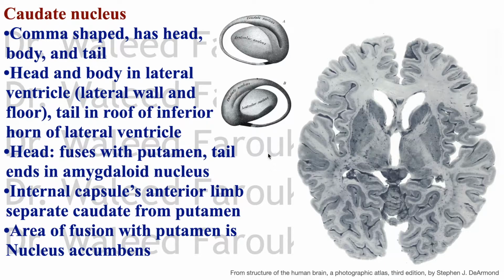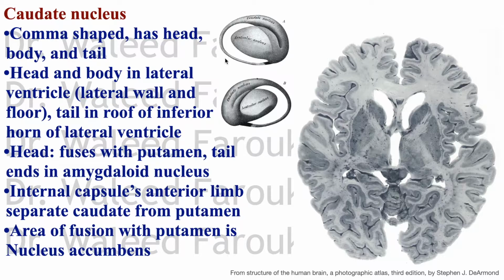The caudate nucleus, this is the caudate nucleus here. See, the caudate nucleus, and this is the lentiform nucleus. It's comma-shaped and has a head, body and tail. The head and body are in the lateral ventricle.